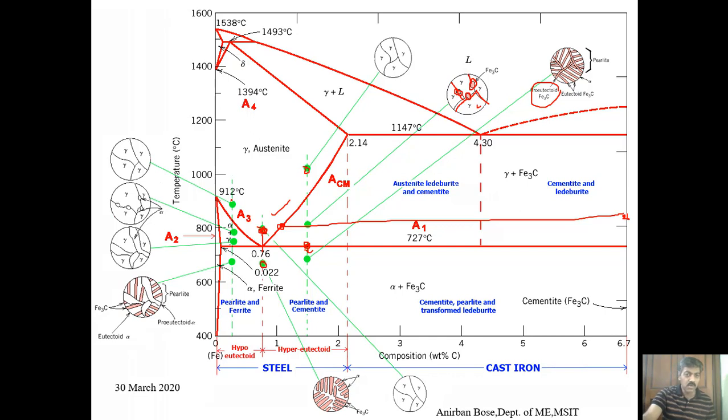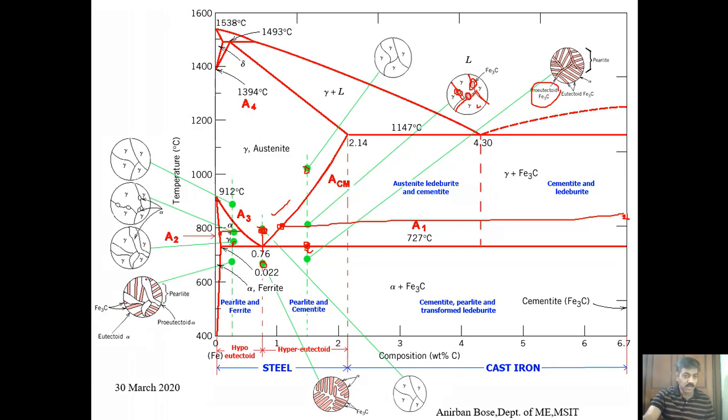Similarly, if you cool it on the left side of the eutectoid composition, then what you will find is that the pro-eutectoid phase that will form is not cementite but ferrite, because if you draw this one, you see that ferrite is the pro-eutectoid phase, and the austenite will be there, and austenite at this position will have the eutectoid composition, and that austenite will be transformed into pearlite, but some pro-eutectoid alpha phase will remain there.